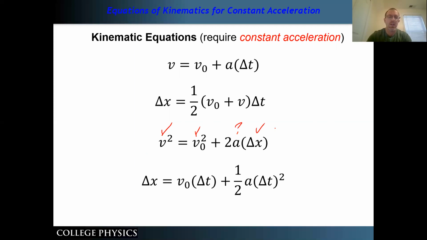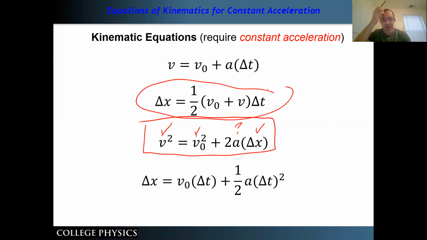It looks like that one right there is going to be the one that probably is the most useful. Now, if I wanted to, I could solve for time first. How could I do that? I could use maybe this one right here. That would certainly work, and that's the only one that would work of those choices. All right, so let's solve for acceleration first, though.